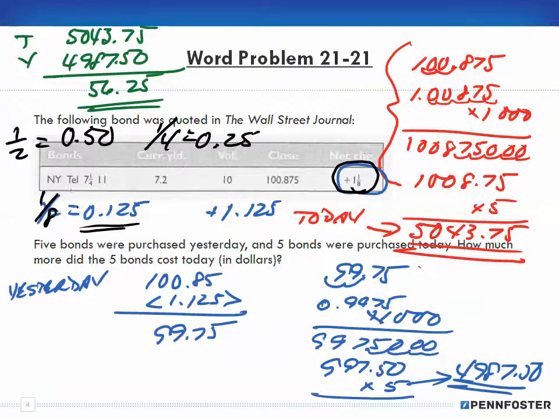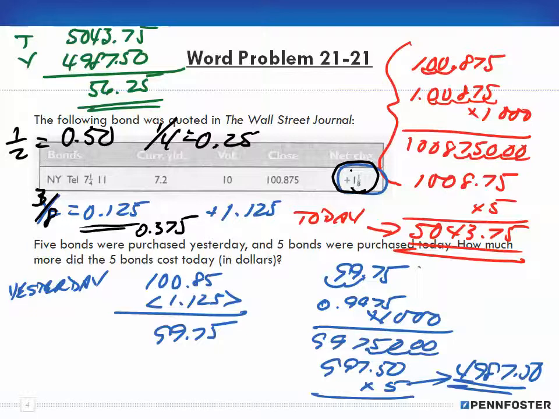You're dividing the 4 into the 1. You're doing the same exact thing. 8 into 1 gives you 0.125. If it was 3/8, divide 8 into 3, and that gives you 0.375.